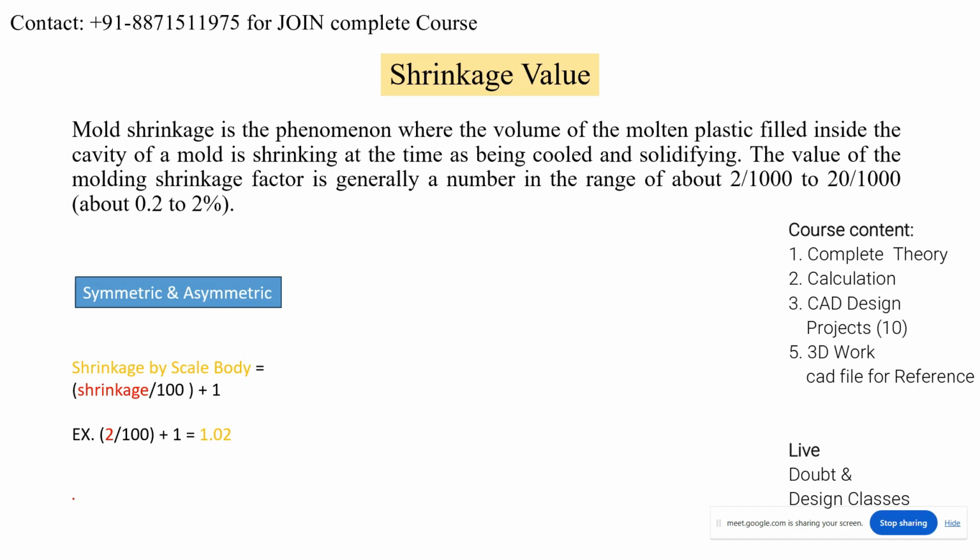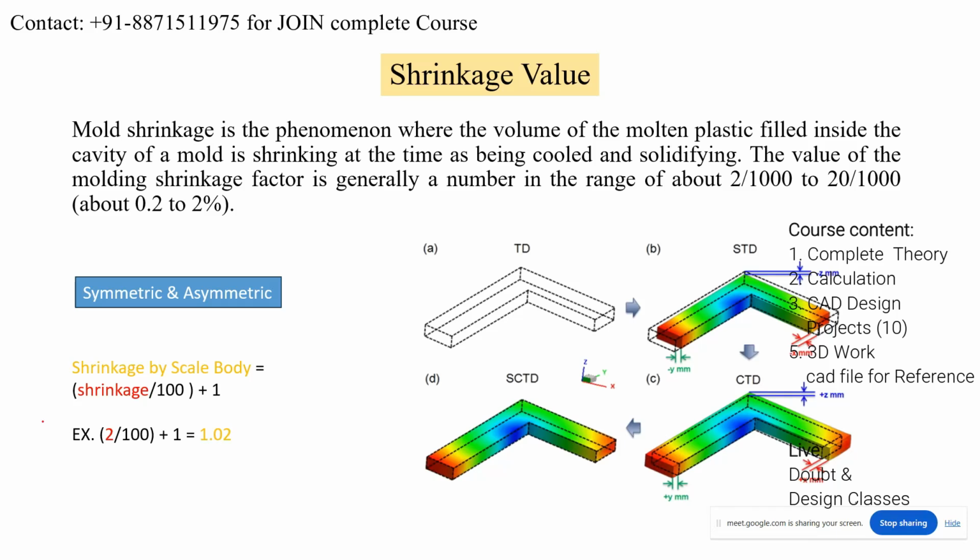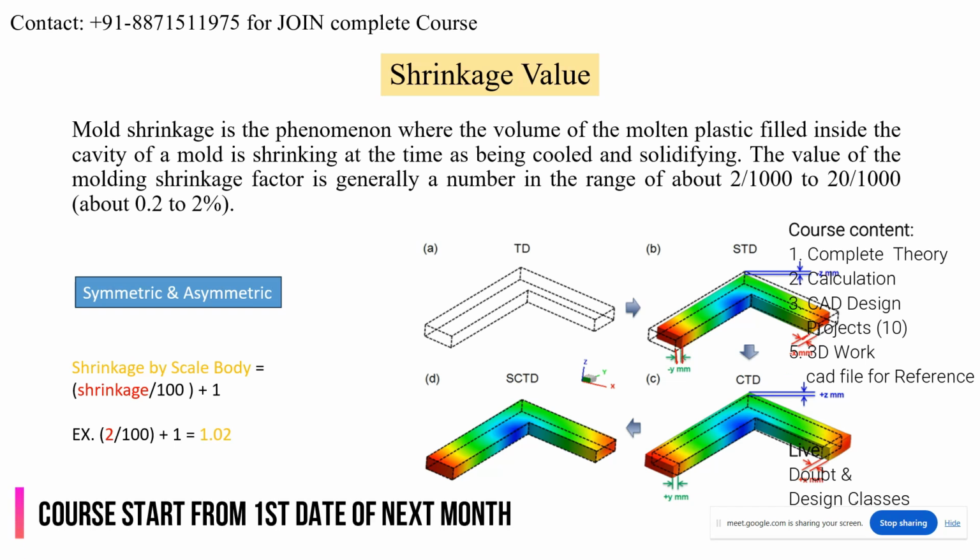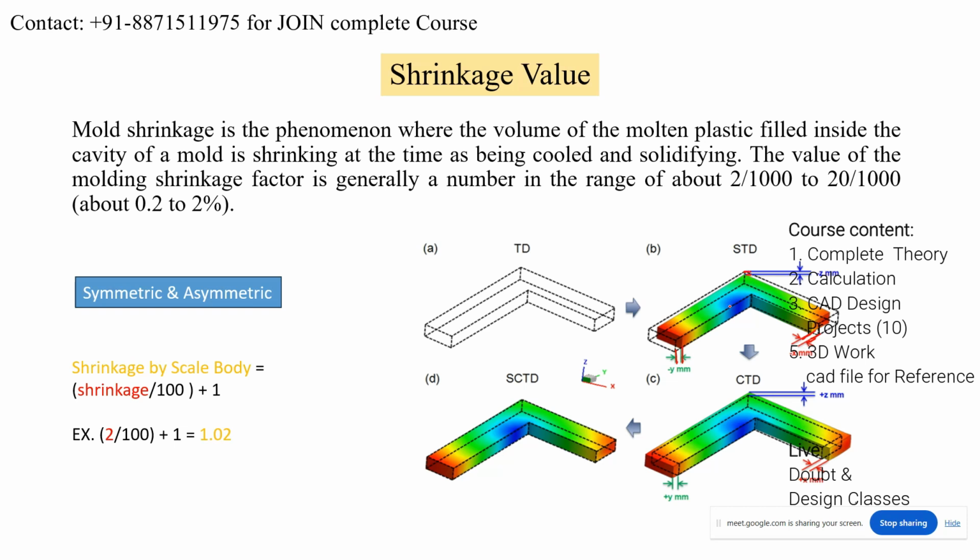Yes, sir. Right? So see here, for example, this is the image which is showing the asymmetric shrinkage. Here this is the y dimension, this is the x dimension, and this is the z dimension. For example, if I am providing 1% shrinkage, and from this point to this point it is about 200 mm, and from this point to this point it is about 250 mm, just for an example.